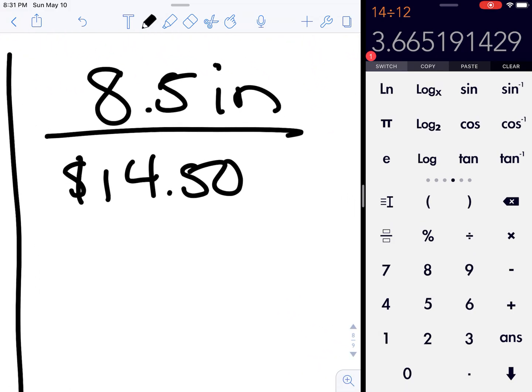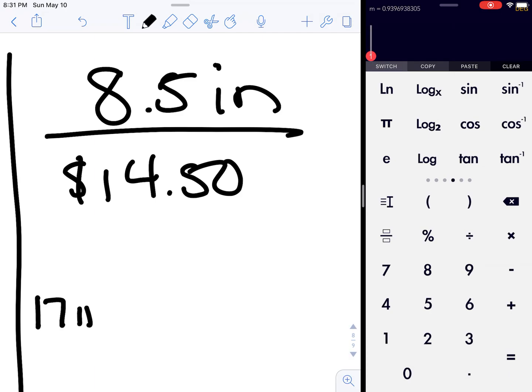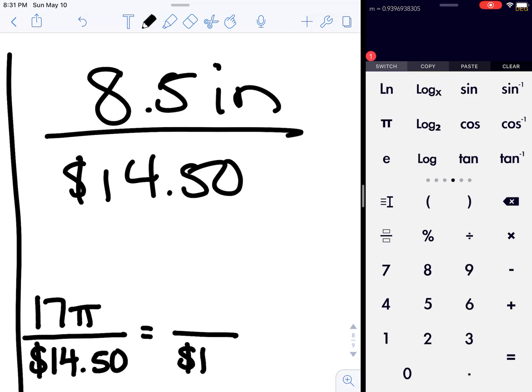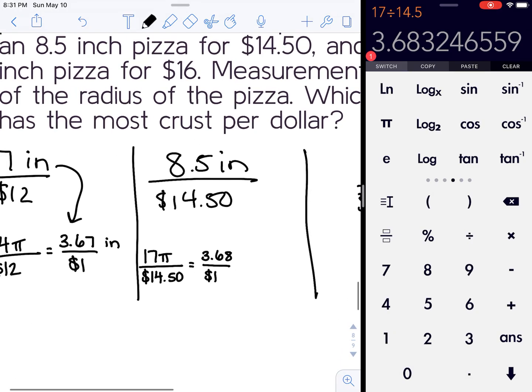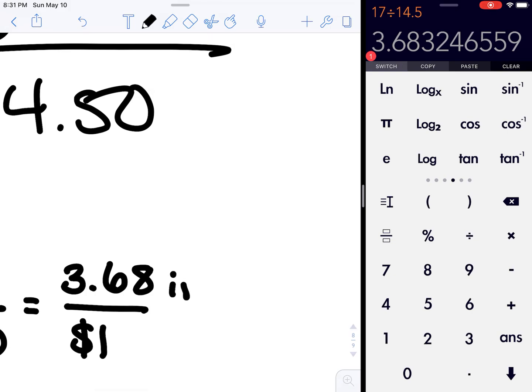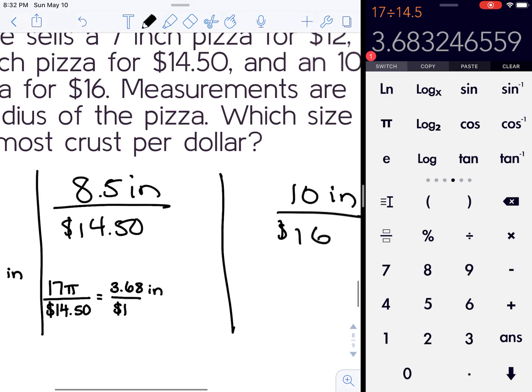On that medium one, 8.5 is my radius, which means 17 pi is my circumference. I'm getting 17 pi inches of crust for $14.50, which means for every $1, I'm getting 17 pi divided by 14.50, which is 3.68 inches for every $1.